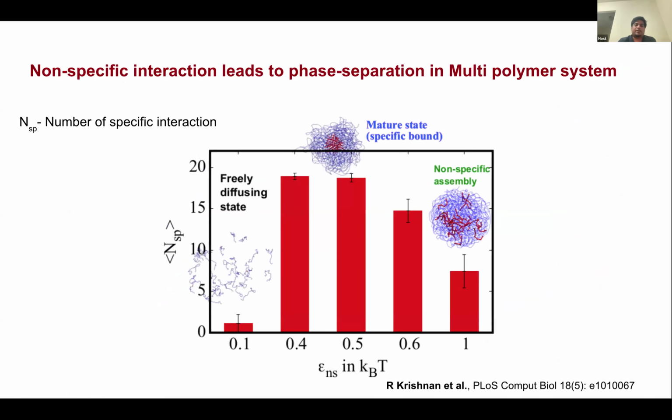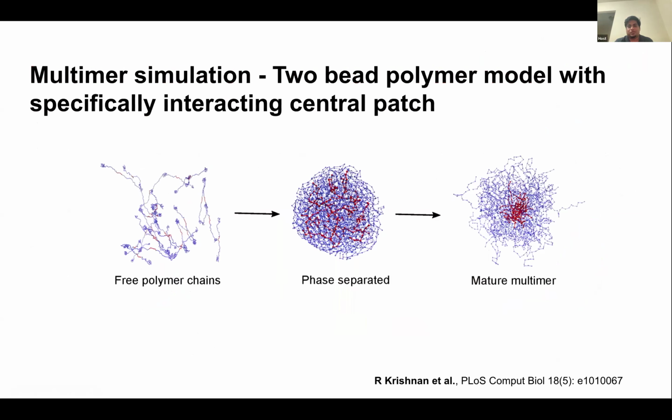So again we calculated the number of specific interactions, varying non-specific interaction. From the previous study, we fixed our epsilon sp to 1.2 kT, which feels like the ideal case, which forms a nice T mature well.